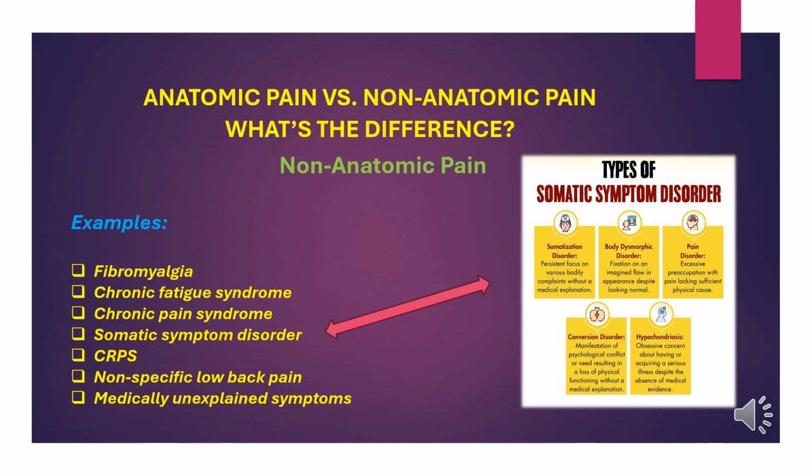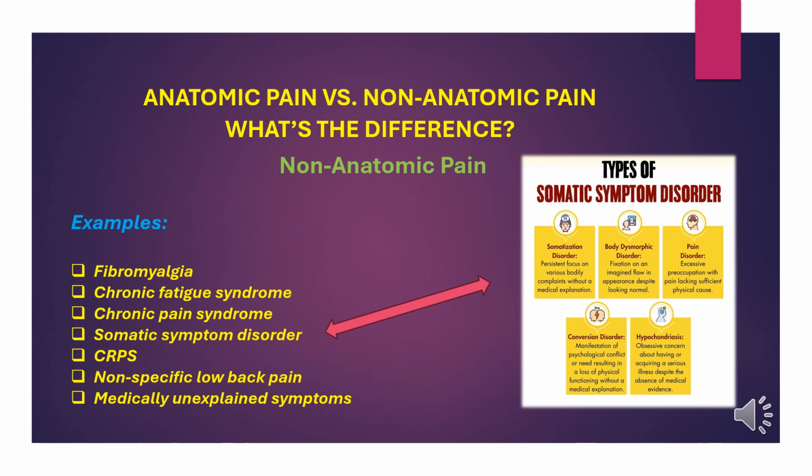Now, this is a mental health condition where a person has significant physical symptoms, such as pain, without a clear medical explanation. Now, you see this image on the right. This can encompass a number of other disorders, including, for example, body dysmorphic disorder, conversion disorder, or conditions of hypochondriasis or hypochondriacs.